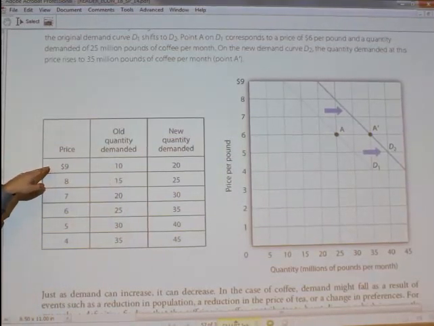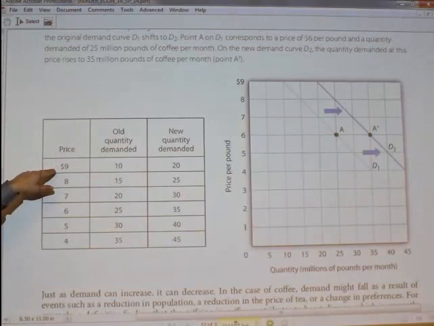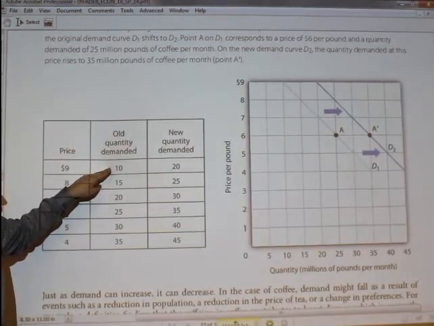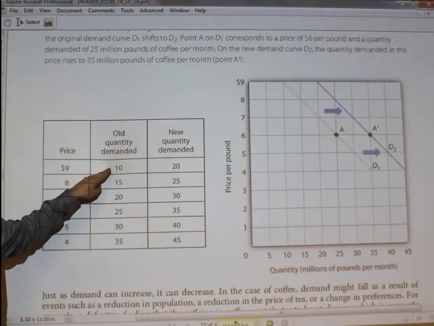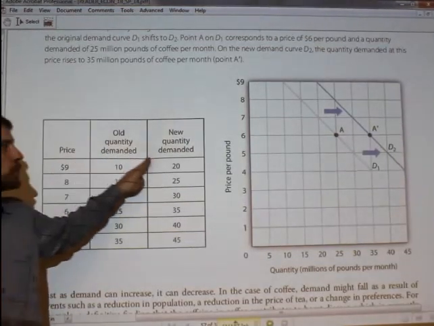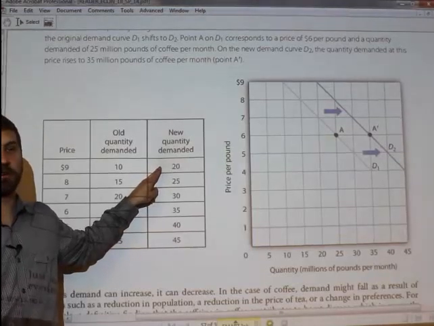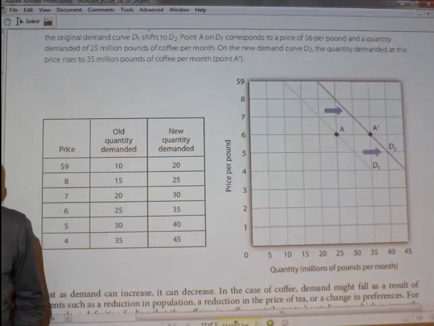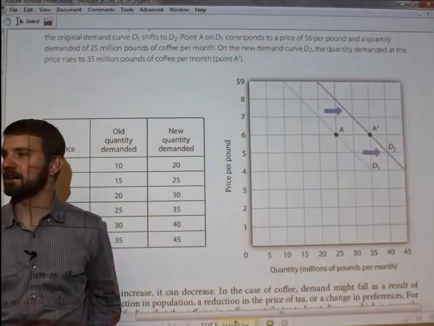And let's try to think of what might have happened. Before, at a price of $9, consumers wanted to purchase 10 million pounds of coffee. But now, at a price of $9, consumers want to purchase 20 million pounds of coffee. So what might have happened to cause this change in demand?